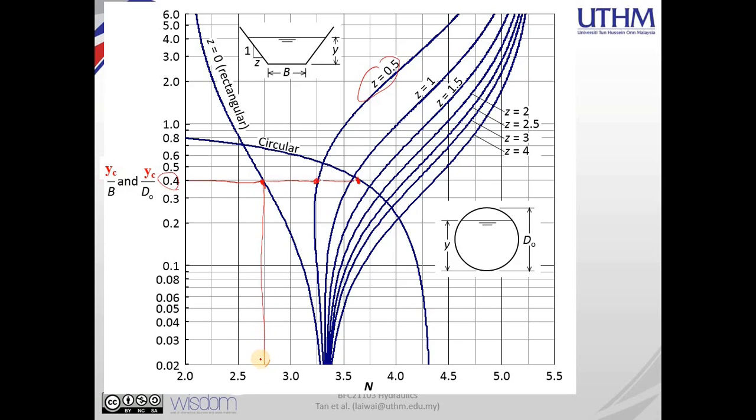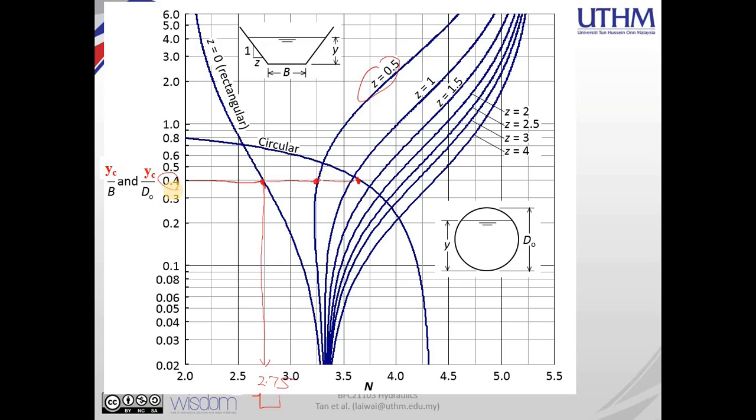value for this ratio. So after we locate their intersection depending on the shape we consider, for rectangular the answer is approximately 2.75. So here is 2.75 for the rectangular shape at ratio yc over b equal to 0.4.